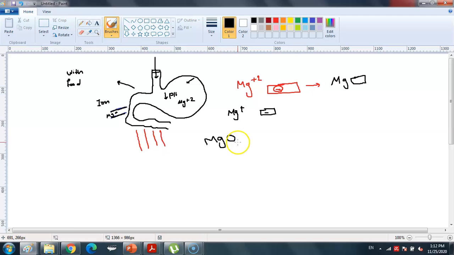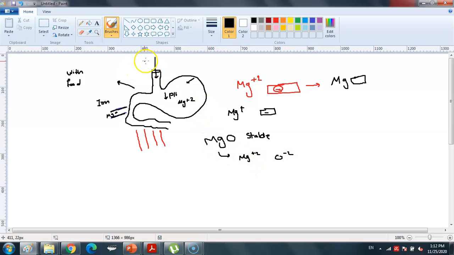Magnesium oxide is a very stable product, and as it is very stable, it's difficult to be degraded into magnesium and oxygen.